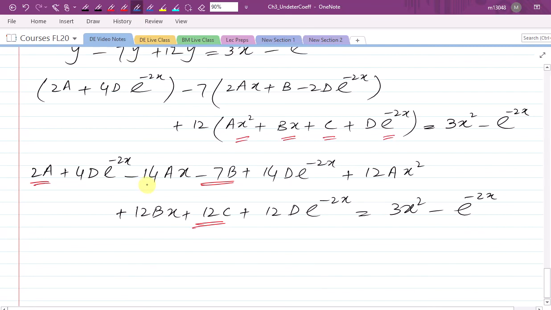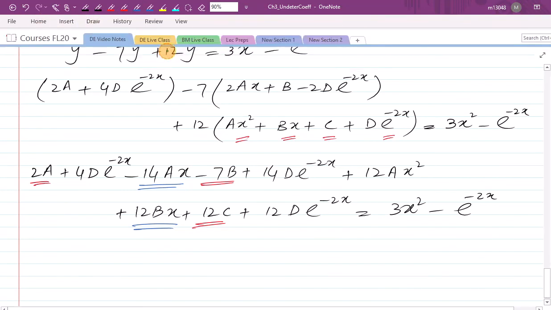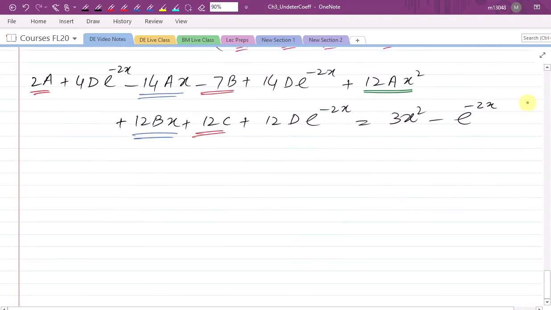Let's use blue for x, x here, and here. And let us use maybe green for x square. So this is our x square, only term on this side. And e power minus 2x is very clear, no need to point it out. It can be seen easily.